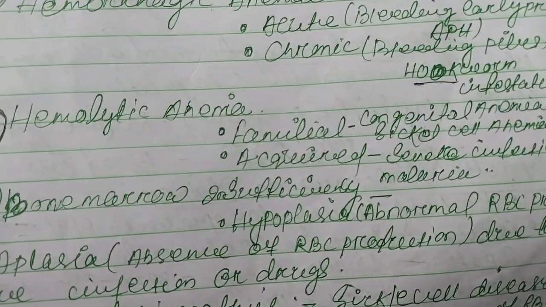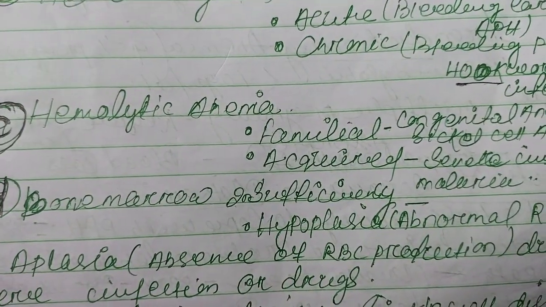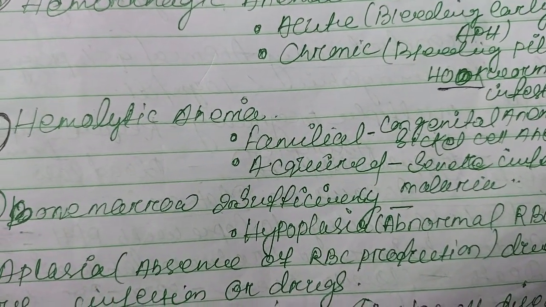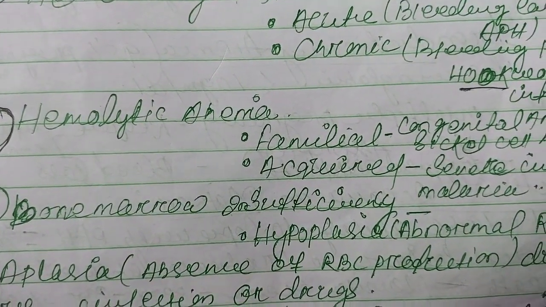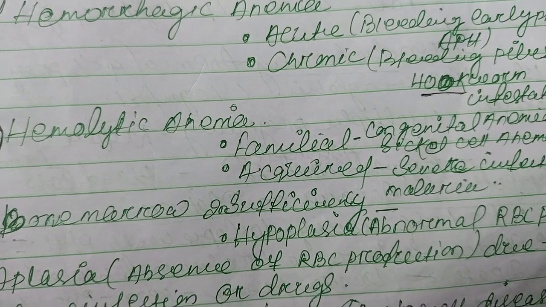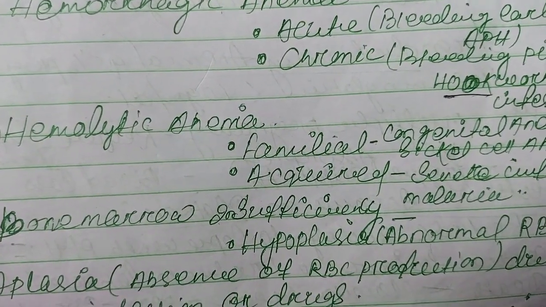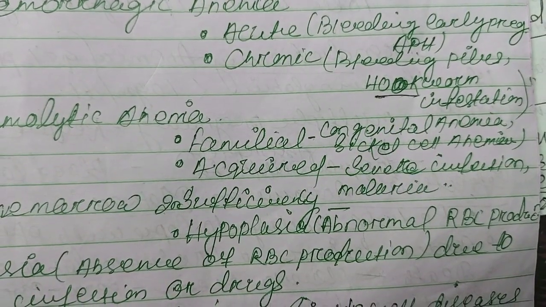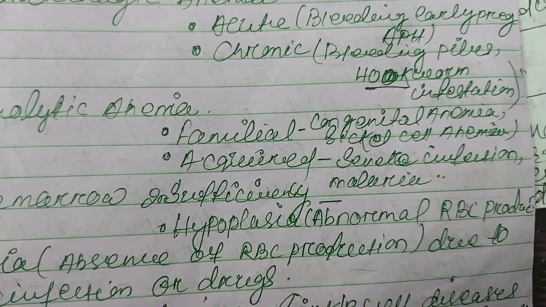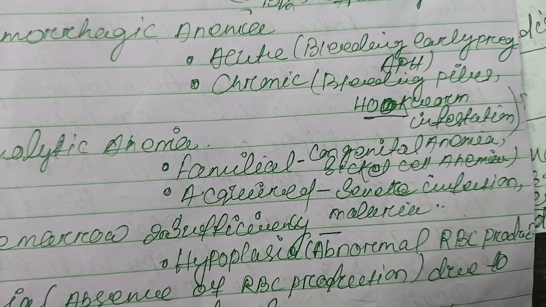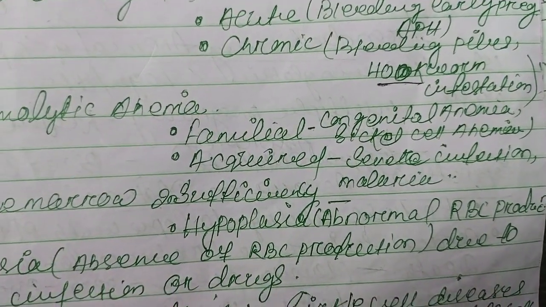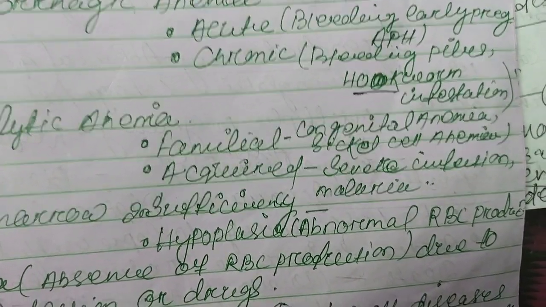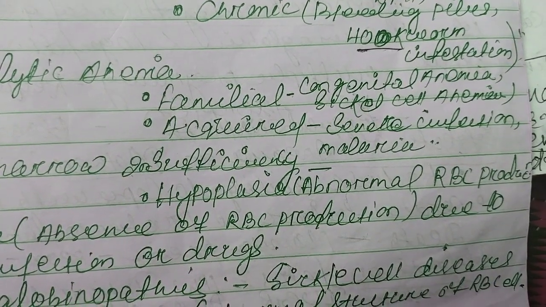The next one is hemolytic anemia, the third type under pathological anemia. Hemolytic is again classified into familial and acquired. Familial means congenital, already present, like congenital anemia and sickle cell anemia, which come under familial.